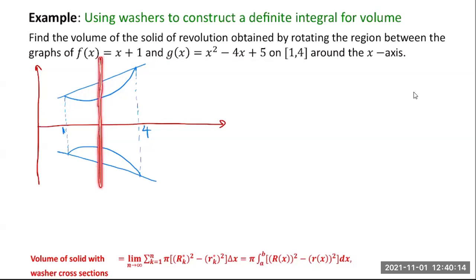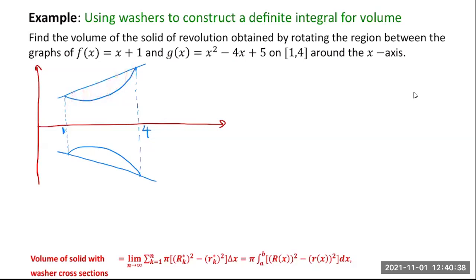If you take a cross section somewhere between 1 and 4, clearly you get washer cross sections. The cross section looks like a washer because this region is empty. Okay, so we can use the washer method to find the volume of the object obtained by rotating this region about the x-axis.